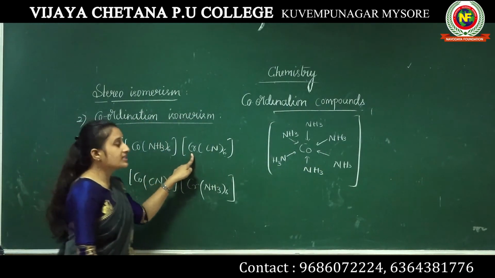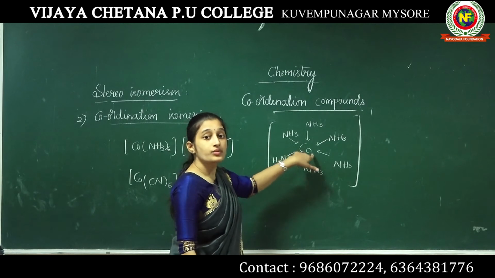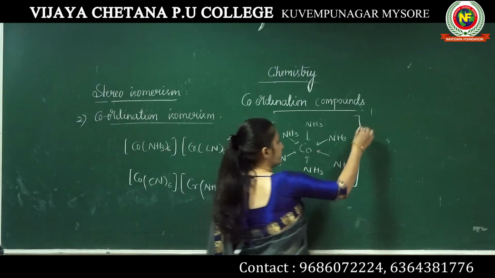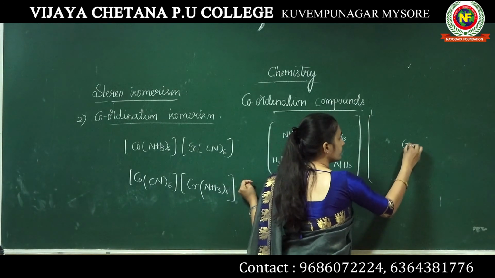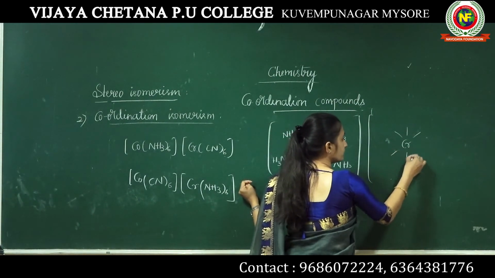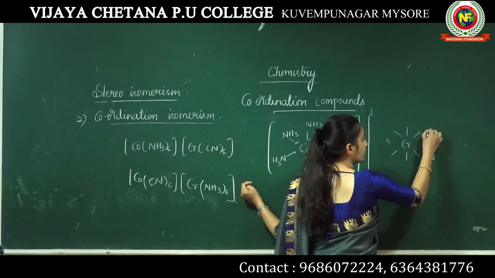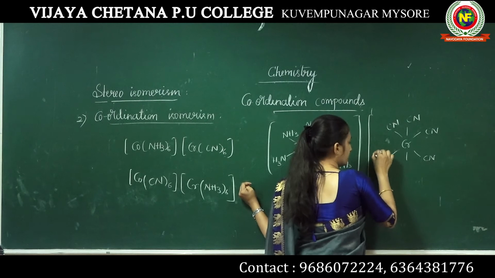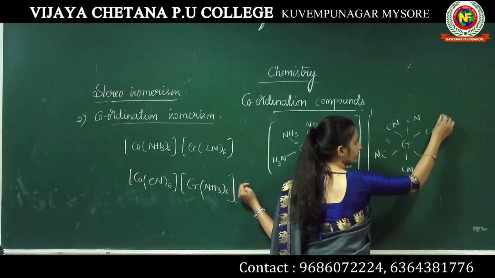And second one, Cr, the central metal atom. This one is cobalt, but this one is chromium. CN, CN, CN, CN, CN, CN.